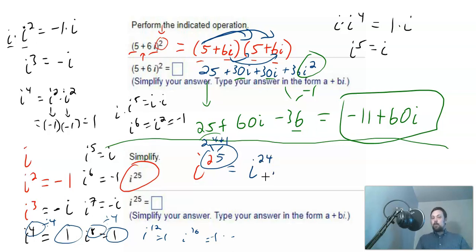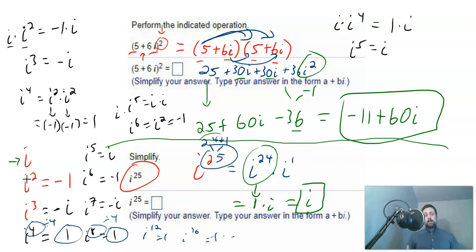That's why I'm choosing 24. And how many powers of i do I have left over? 1. So that's 25 i's altogether, but now I have i to the 24th, which is in the bottom row, so this is equal to 1. And so i to the 24th power is 1, times i to the first power. 1 times i is going to be i, which means that i to the 25th power is going to be in that first row.